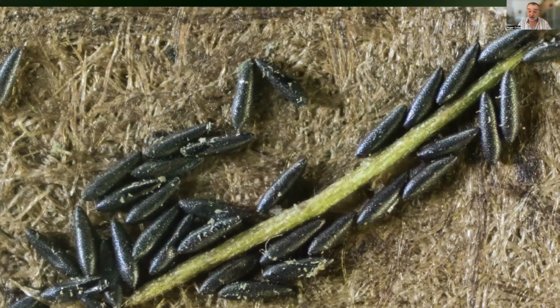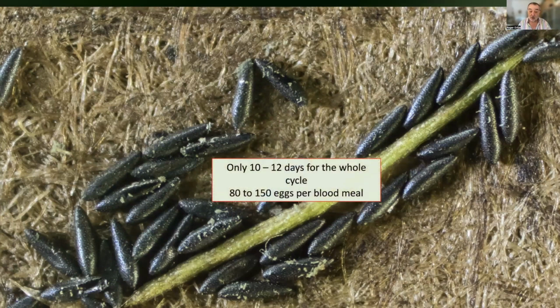Then the female takes our blood and turns it into eggs. That's as simple as that. And the whole process may take as little as 10 to 12 days in summer, depending on the temperature, of course, and the host availability. Every cycle allows the female to lay from 150 up to even 200 eggs per blood meal.